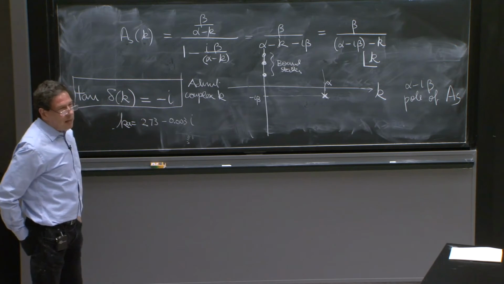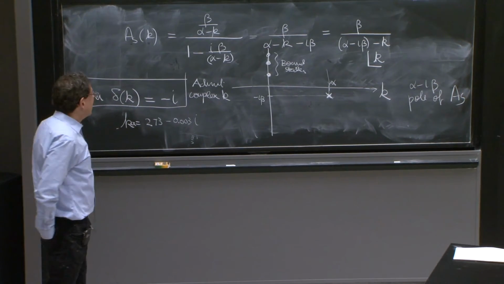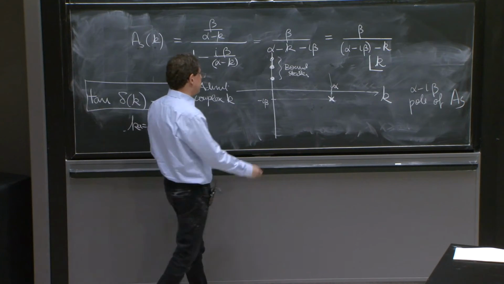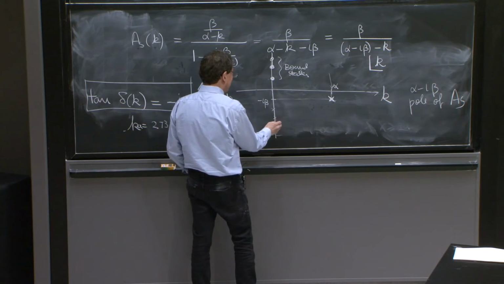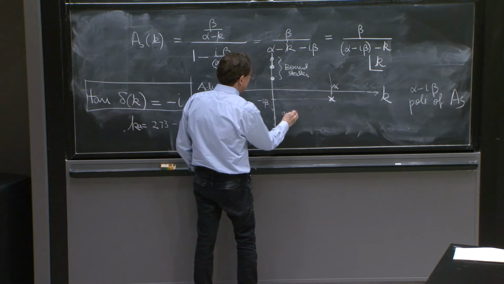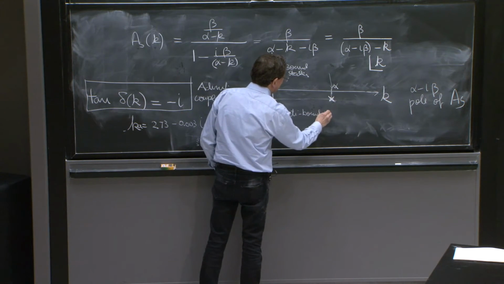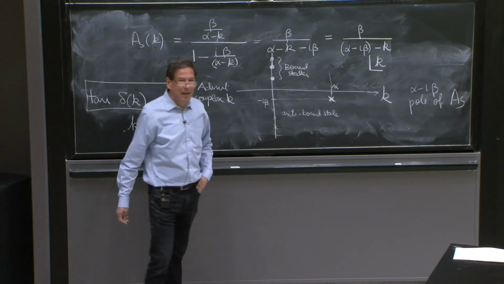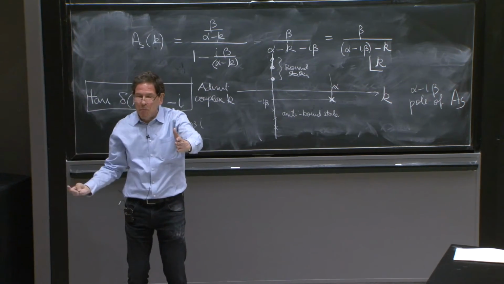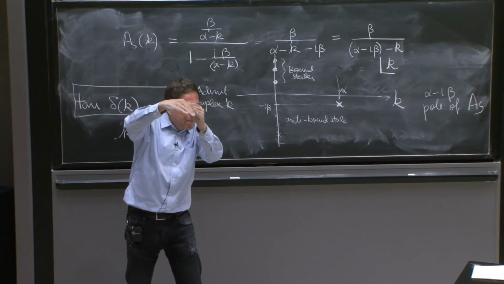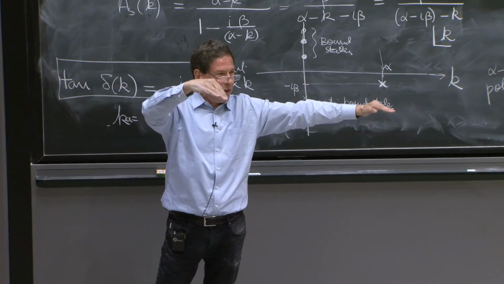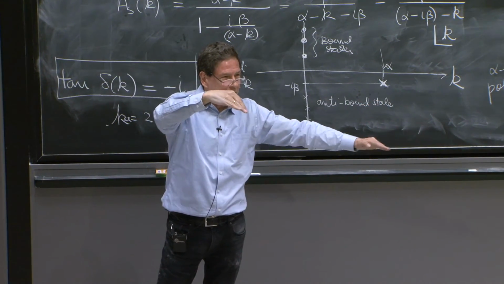Now people go a little further, actually, and they invent poles in this part, and they're called anti-bound states. And you say, what's that? If you have a bound state, you match a solution to a pure decaying exponential in the forbidden region.